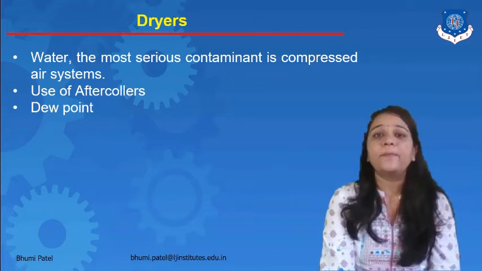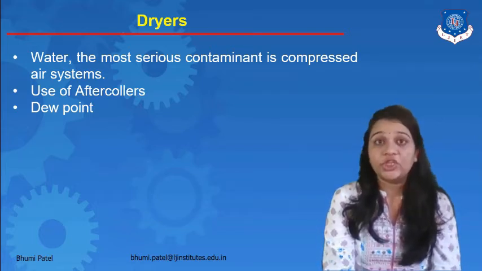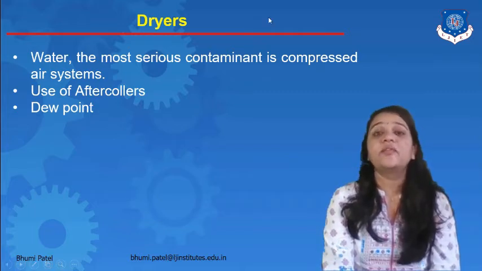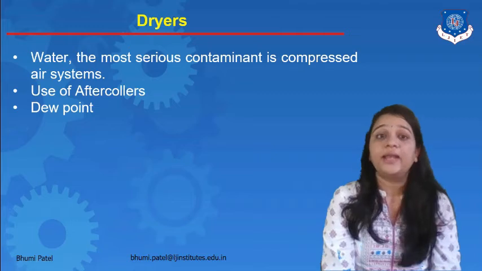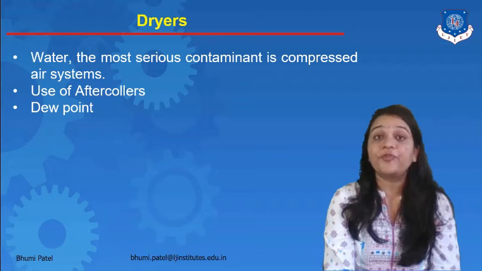If the air temperature is increased above the dew point, the moisture will be vaporized again and the dew point will rise. Generally the dew point is -40 Fahrenheit. It is the standard for all instrument air.